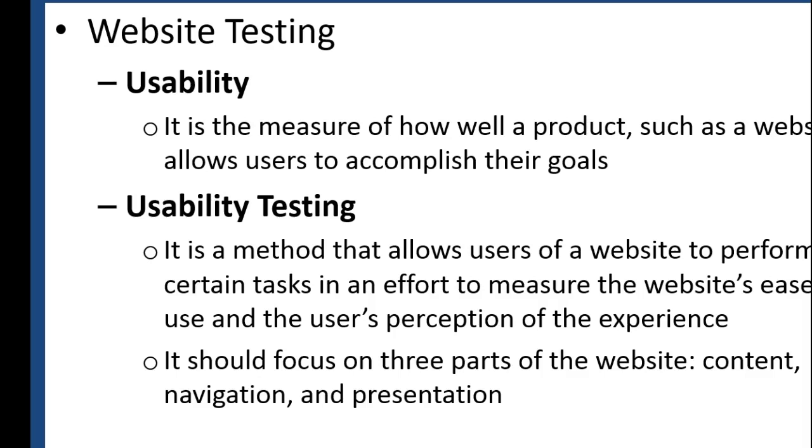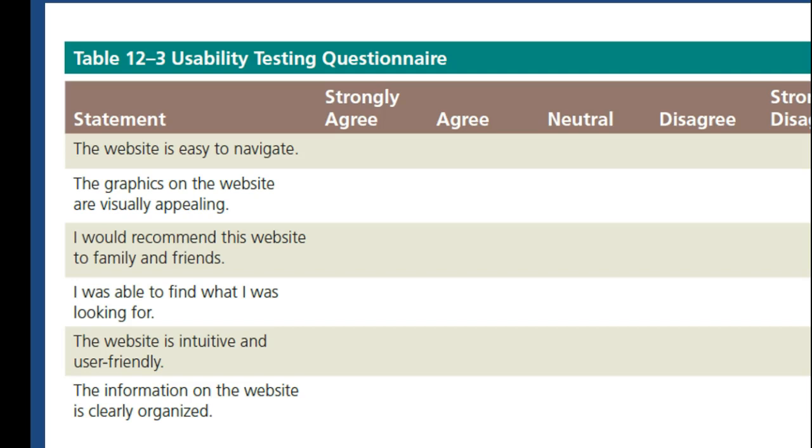Usability testing for a website should focus on three parts of the website: the content, navigation, as well as presentation. This table provides an example of a usability testing questionnaire that you can provide.